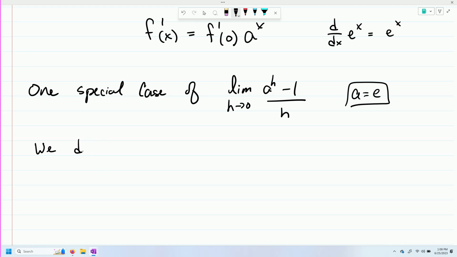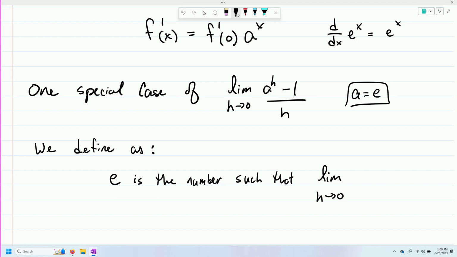There are multiple ways to define e, but we define e as the number such that the limit as h approaches 0 of (e^h - 1)/h equals 1. Okay? So there's a very special case right there.